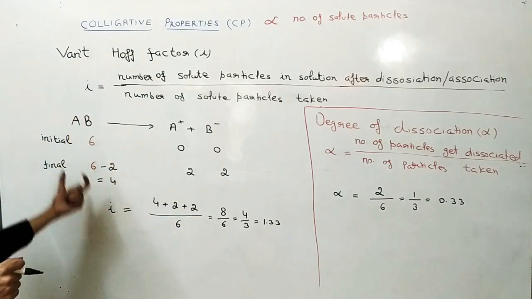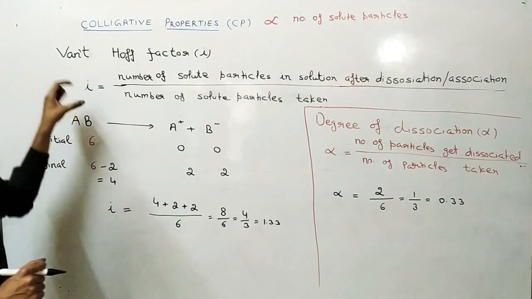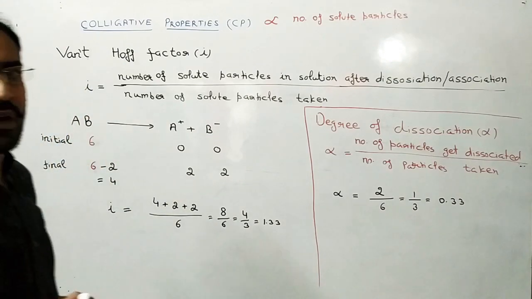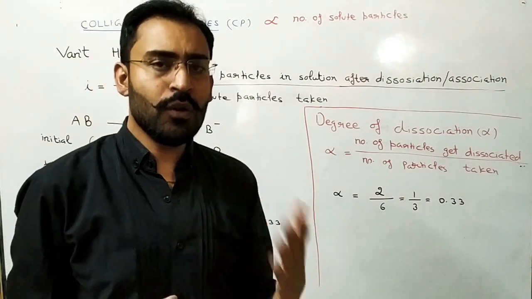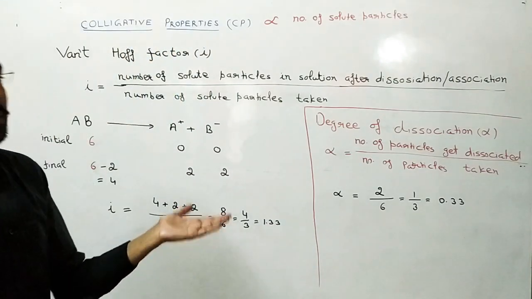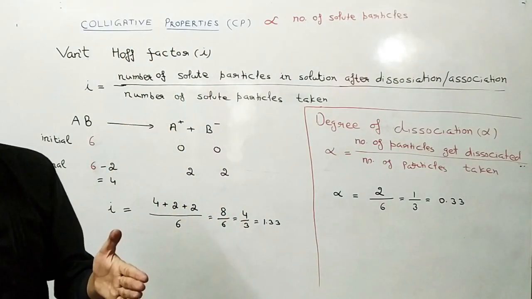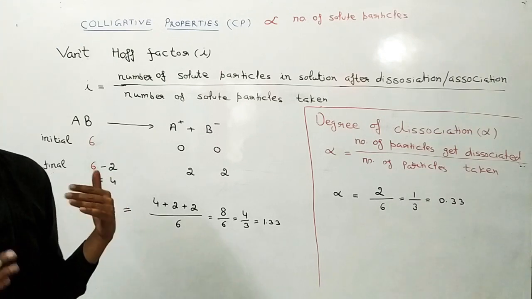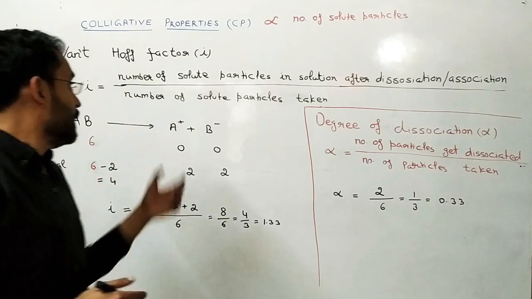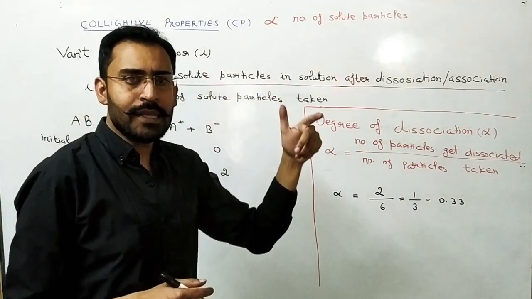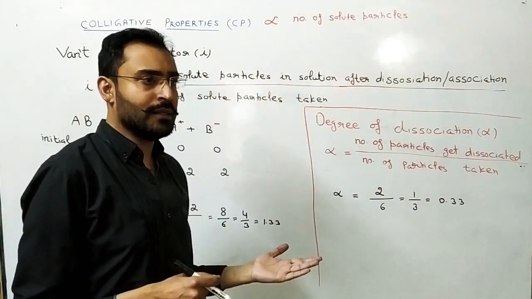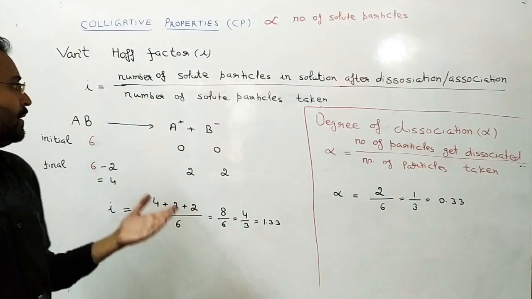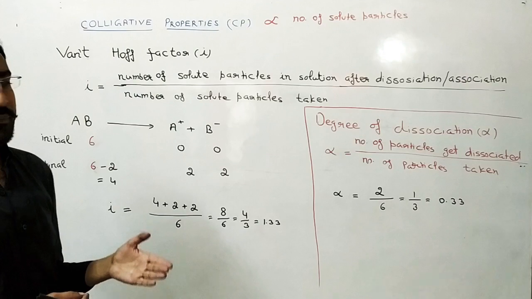I'm repeating. What is i? i is the van't Hoff factor, which is the ratio of the number of solute particles actually present in the solution divided by the number of solute particles taken. The number of solute particles in the solution and the number of particles taken may be equal or may not be equal.